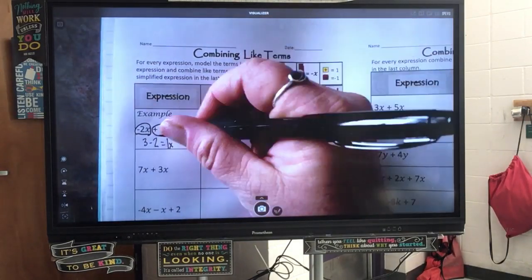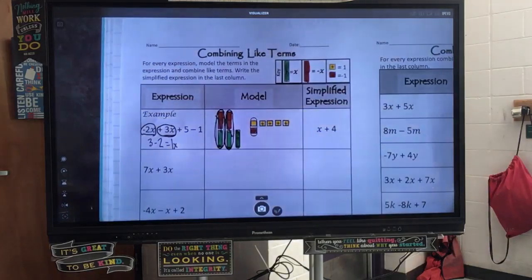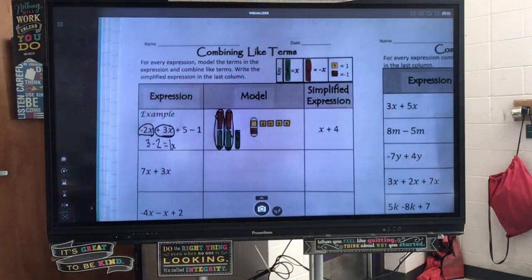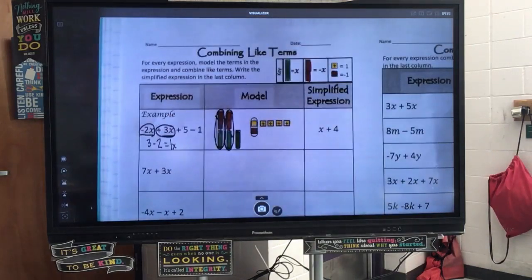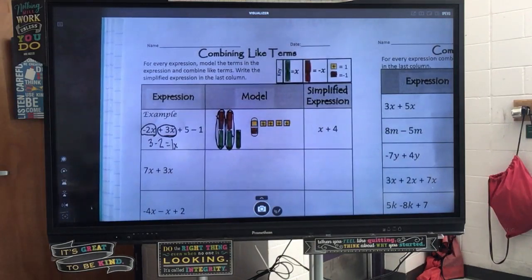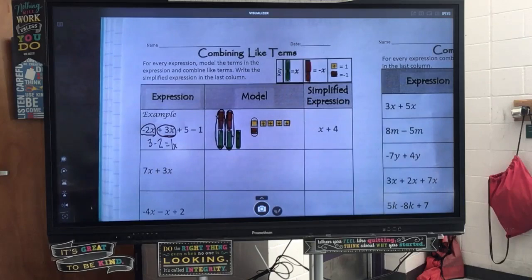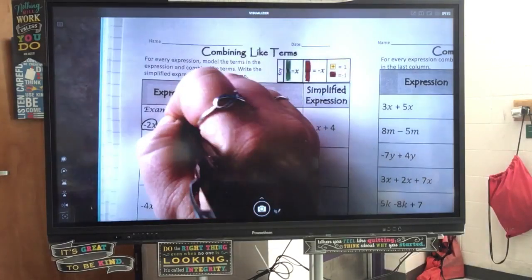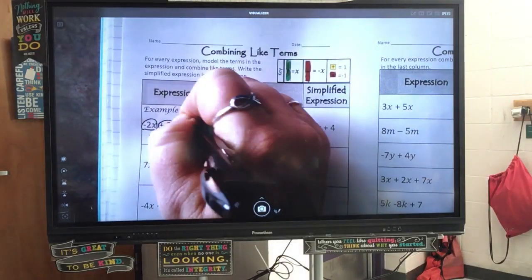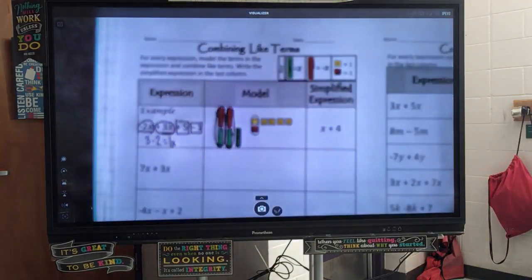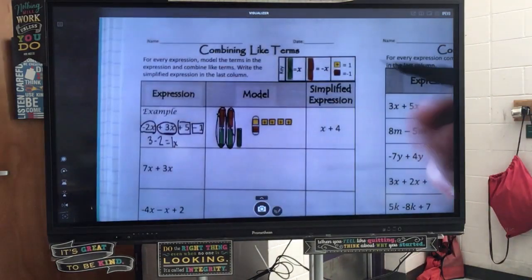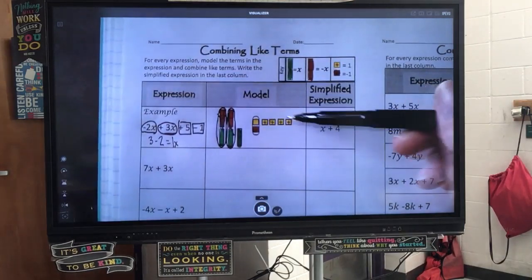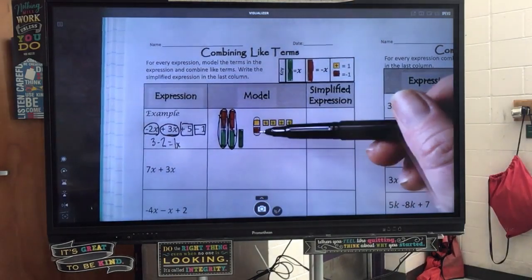All right, then over here we have plus 5 minus 1. Can we combine those two? Could we combine the Nike shoes? We combined all those no matter what because they were Nikes, right? So these are constants. So you can combine your constants because they are just numbers. So here you have 1, 2, 3, 4, 5, and then you have a minus 1.